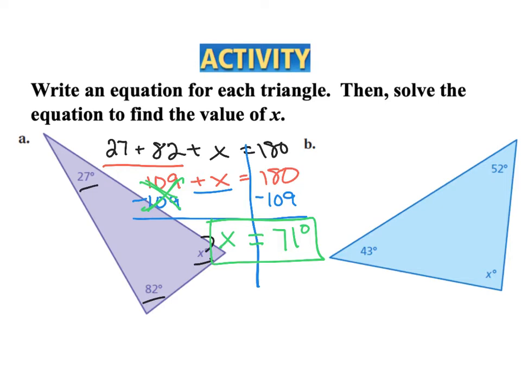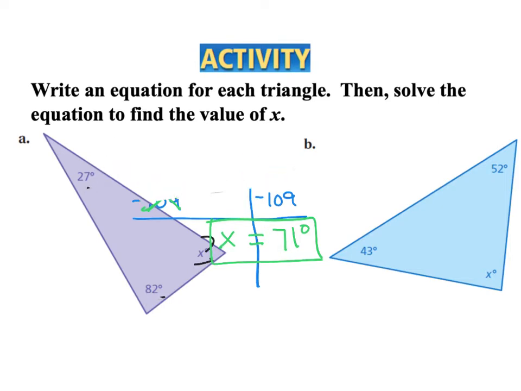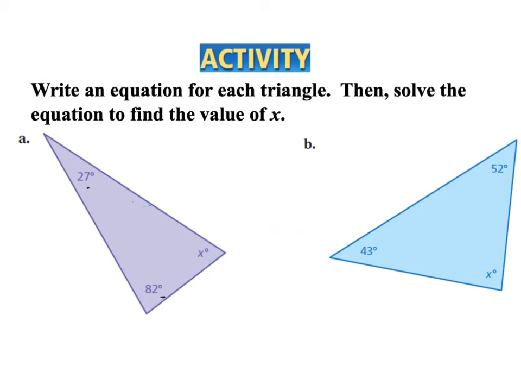Let's do the second one. I'm going to erase all of this. Sorry, here we go. Second one, same thing. 52, let's put it in black. 52 plus 43 plus our x gives us 180.